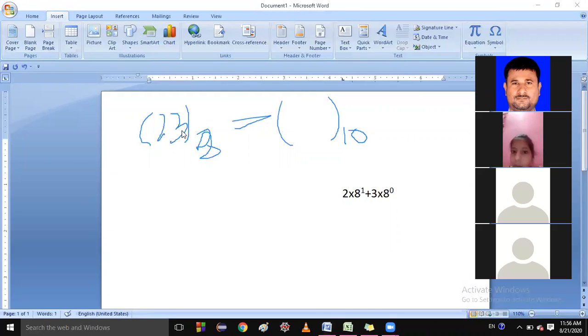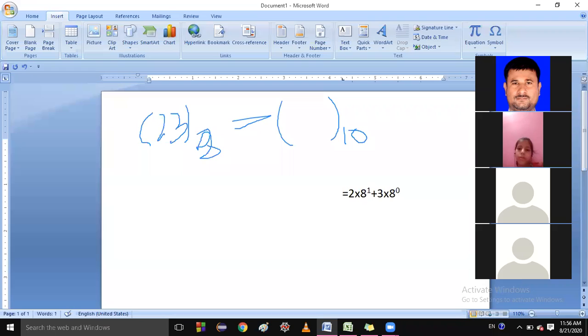The first number is 3, so 3 multiply 8 power 0, plus the next number 2. 2 multiply 8 power, the power will increase, so after 0 there will be 1. Yes, now understand.